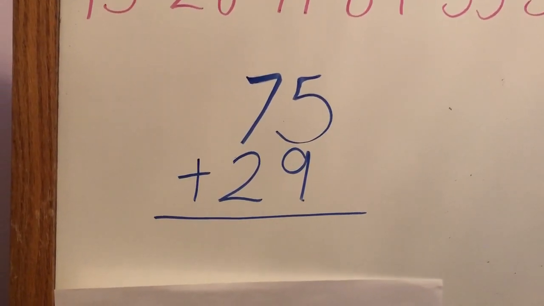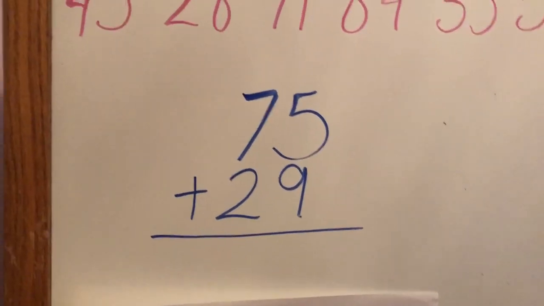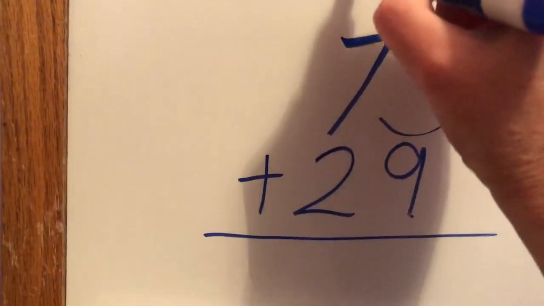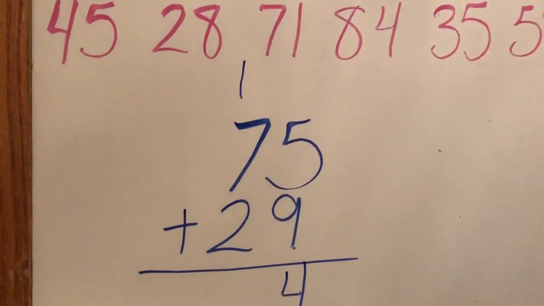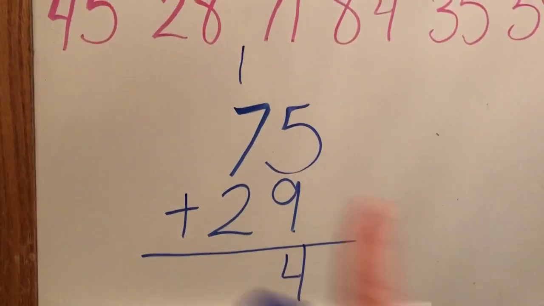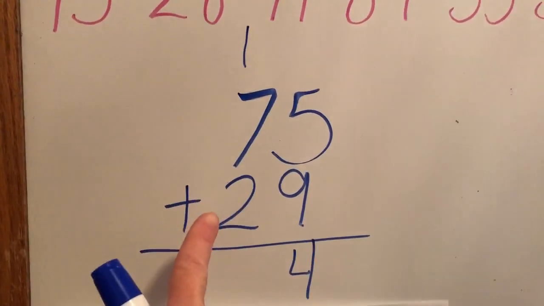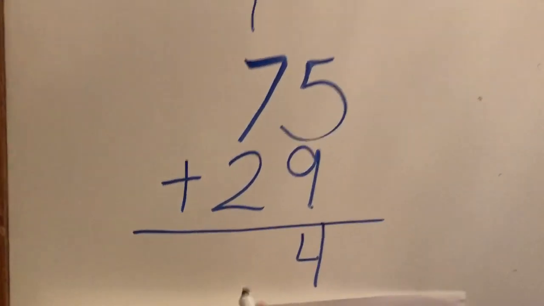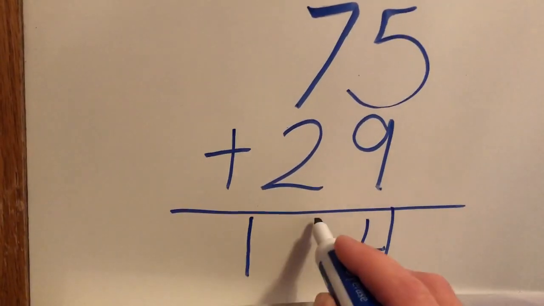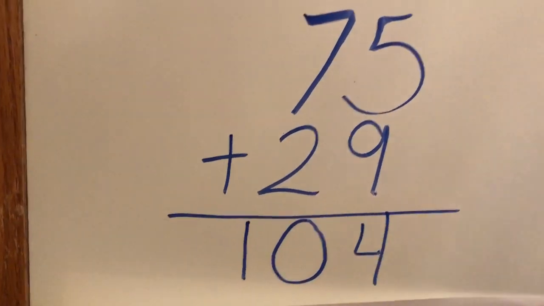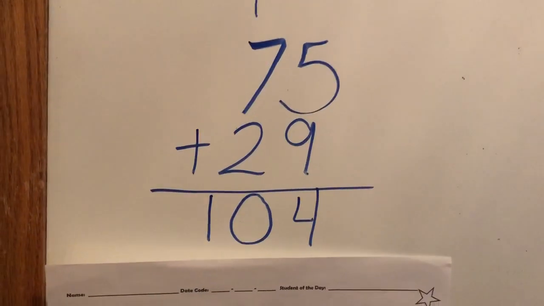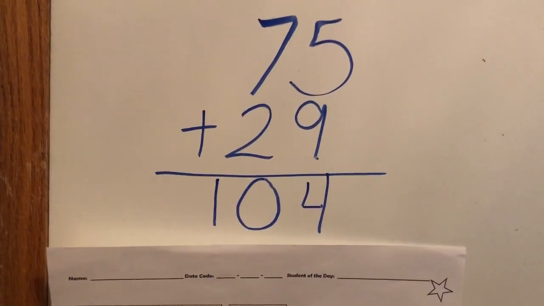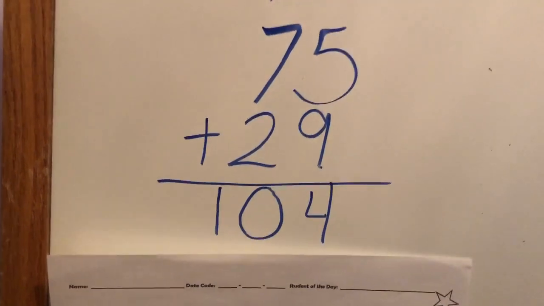What is 5 plus 9? You're right, it is 14. Let's trade for a dime, and we have 4 pennies. What is 1 plus 7? It is 8, and then 8 plus 2 is 10. And look what I do here, guys. I did an example of this in class one day, but what do we do when it's more than a single digit number?